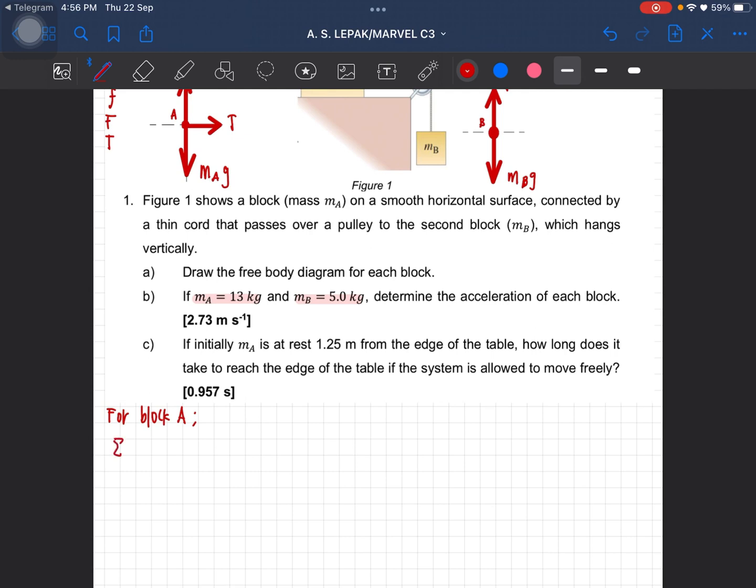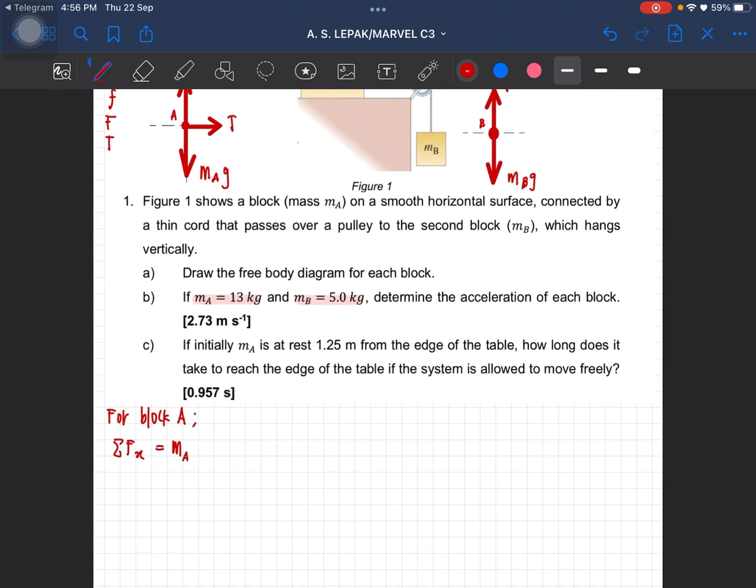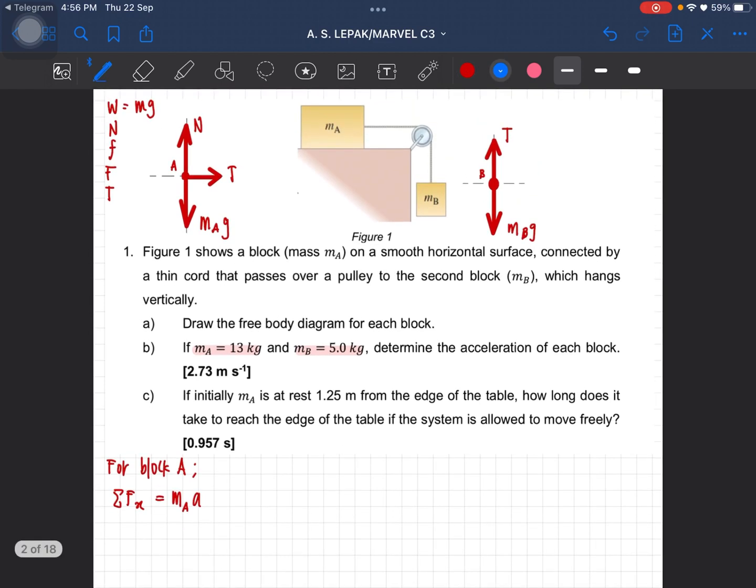Total force in the x component is equal to mass of block A times acceleration. For the sign convention, I would suggest you follow this one. Assuming the acceleration is pointing to the right and going down, this is your direction of acceleration.